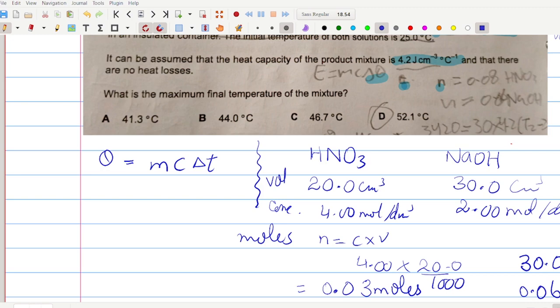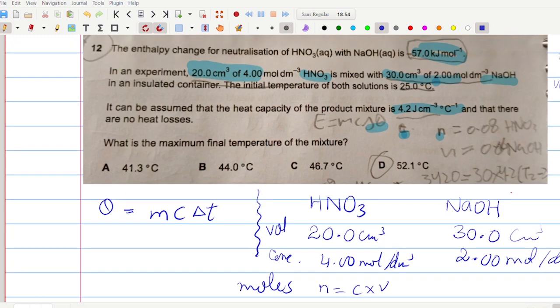Yes, ma'am. Now, do you know that m is basically the sum of the volume? Yes, ma'am, it will be 50. For the nitric acid, have we taken the same values? Let me check.